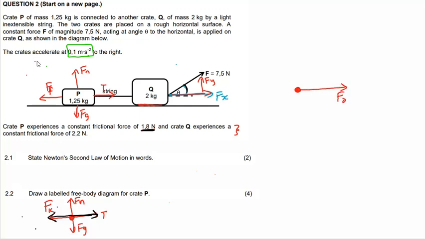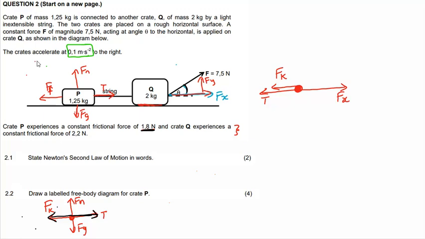So this will be my Fx going to the right, and I'll have the frictional force going to the left. The frictional force will oppose the direction of the motion. So this will be my Fk. So these will be the 3 forces that are acting on that diagram.